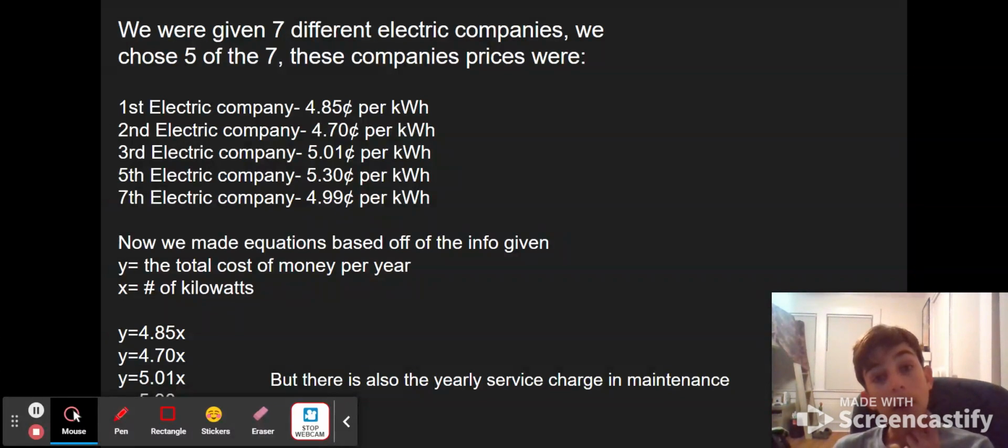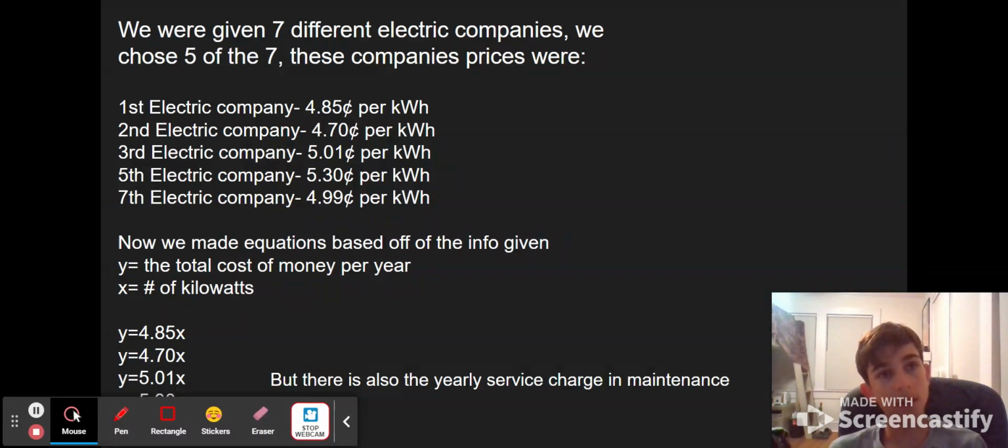Now, I made equations based off of the info given. So y equaled the total cost of money per year. On the y-axis, which is the vertical axis, or the one that goes up and down, will be the total cost of money per year in cents.